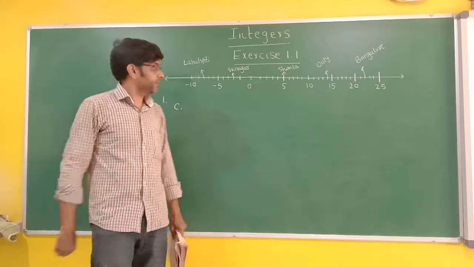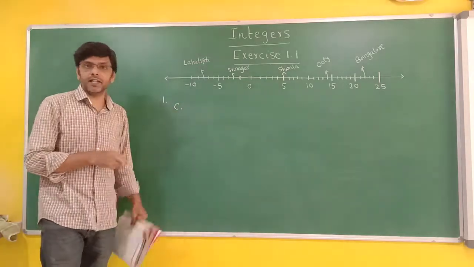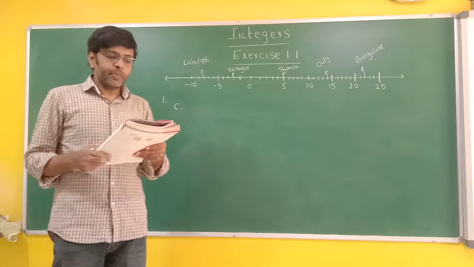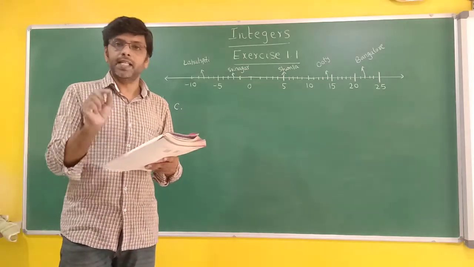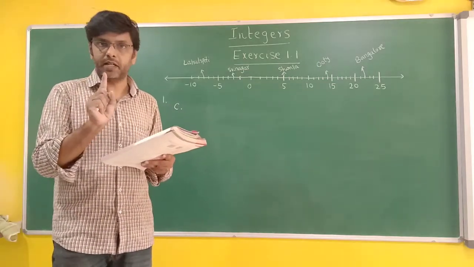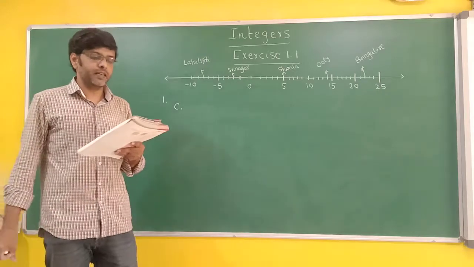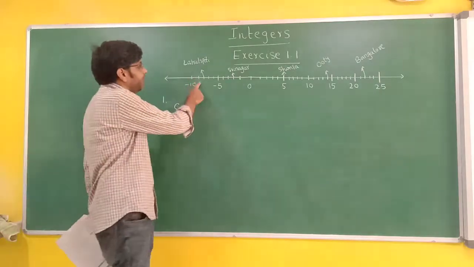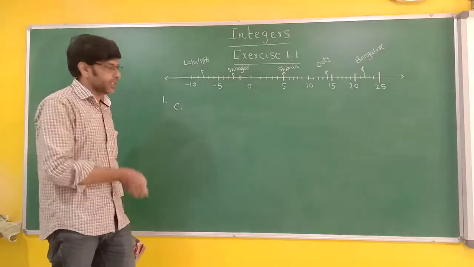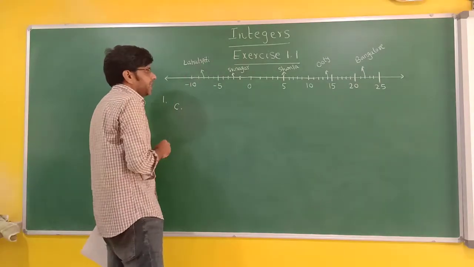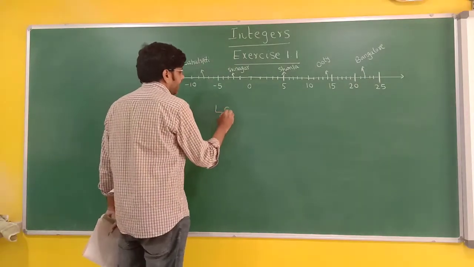Next, C1. I am reading the question. What is the temperature difference? Temperature difference means subtraction. What is the temperature difference between Lahore Spiti and Srinagar? See, what is the temperature recorded in Lahore Spiti?